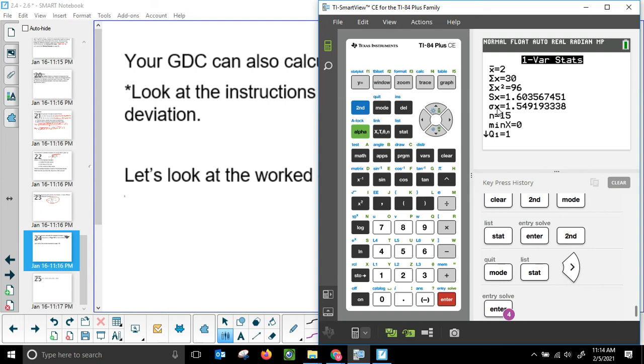But what we actually want to use for it is this little sigma sub x. So although we call it S sub x, we actually use the value for this sigma sub x. So the standard deviation here would be 1.549, or really 1.55. IB is pretty consistent with wanting 3 significant figures, so that would be sufficient there.